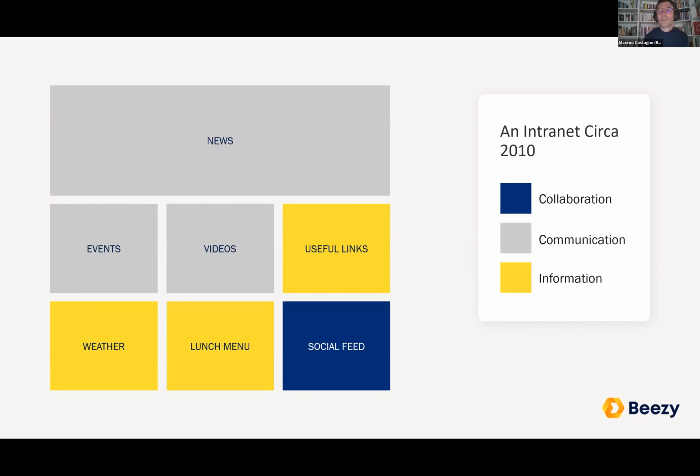That was it, right? Then 10 years later, because this is a market that moves quite slowly, I would say, we started seeing something that was a combination of these two, but also with the incorporation of a social feed or collaboration, or something that was bringing something else to the mix.